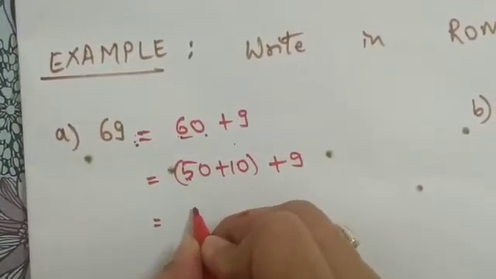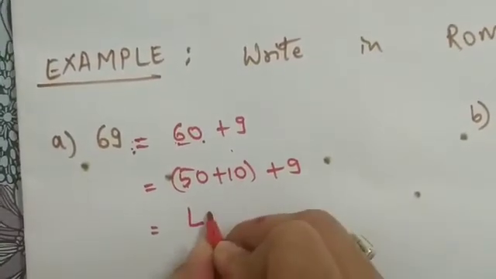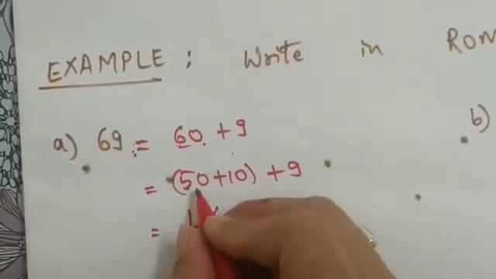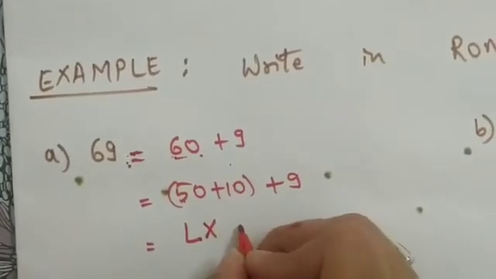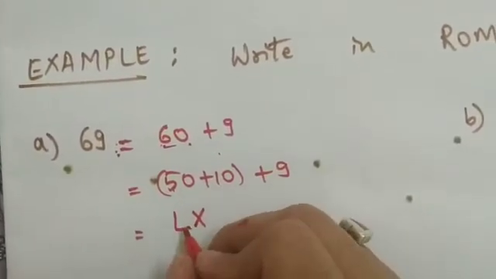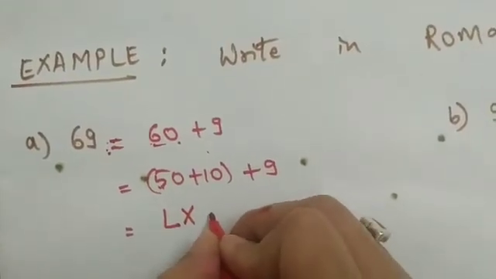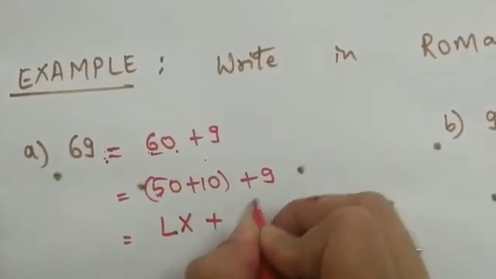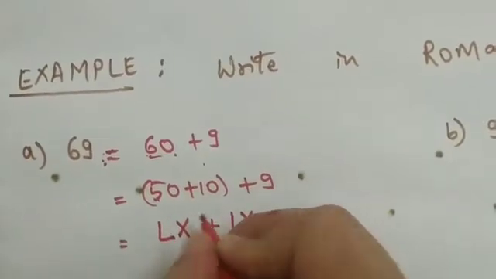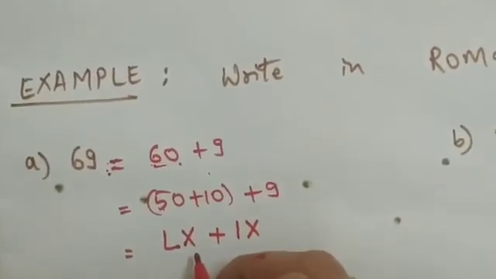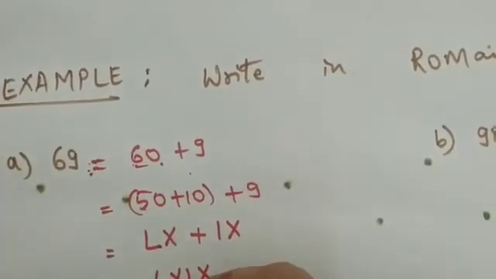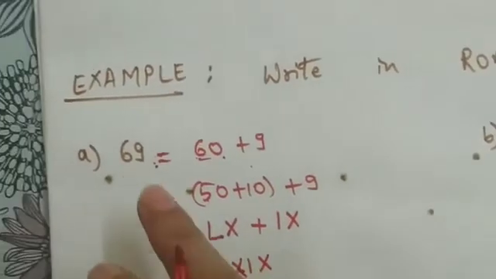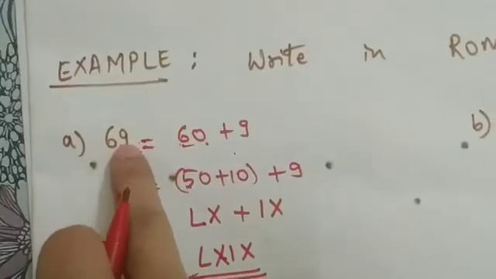For 50 there is the symbol L, for 10 there is the symbol X. So we write 50 plus 10 as LX. For 9, which symbol is there? IX. So LX plus IX, we get LXIX. So this is the representation in Roman numerals of 69.